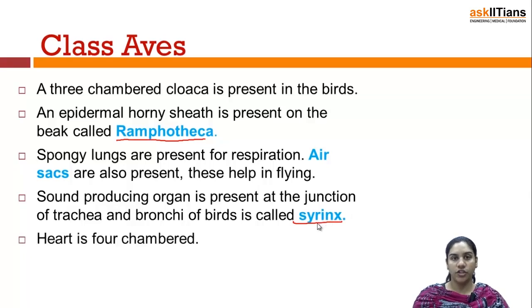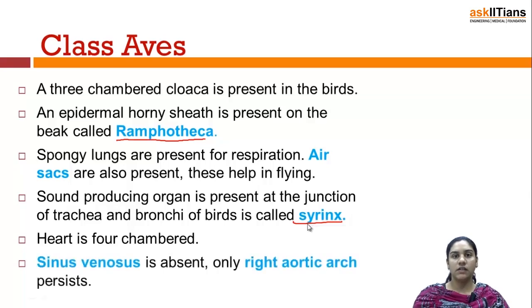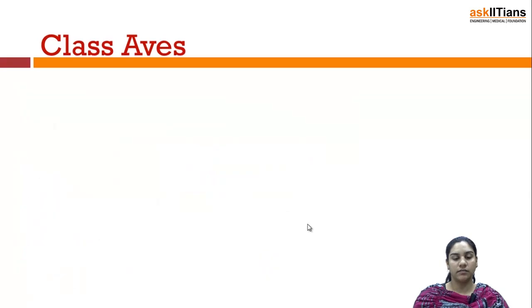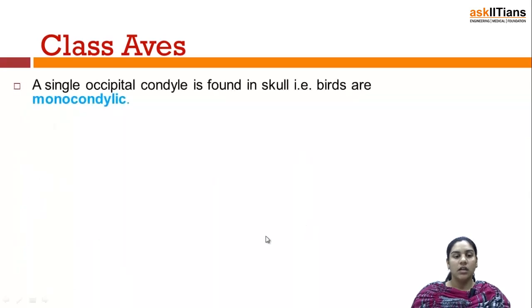The heart is four-chambered, completely divided into two auricles and two ventricles. Sinus venosus is absent, but a right aortic arch is present. Birds are monocondylic, having a single occipital condyle.